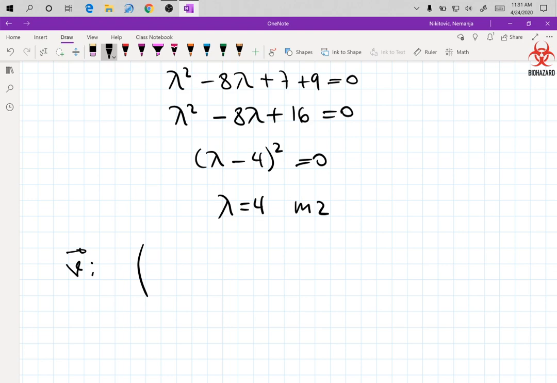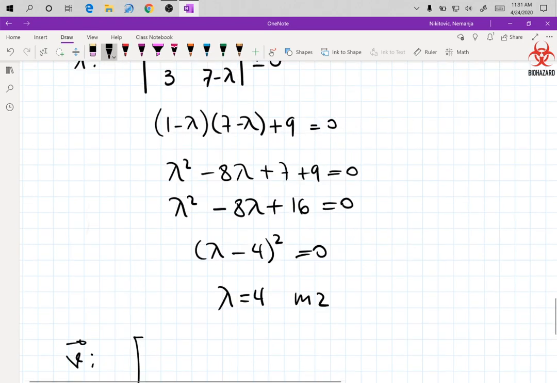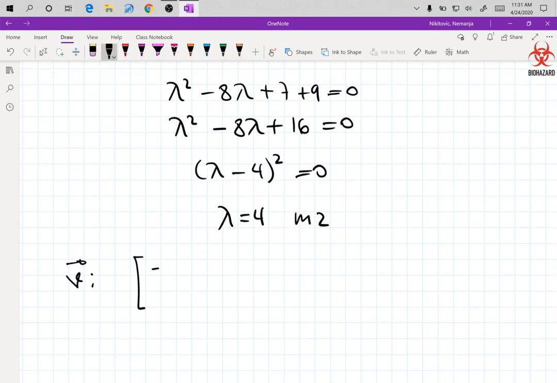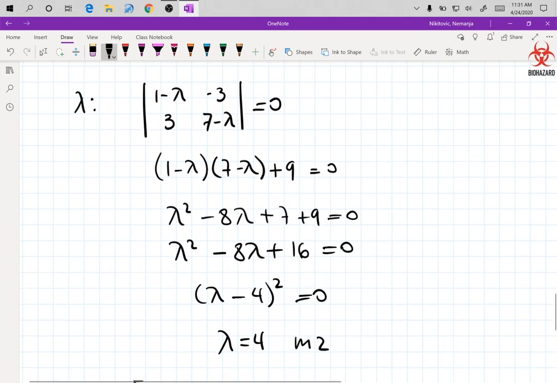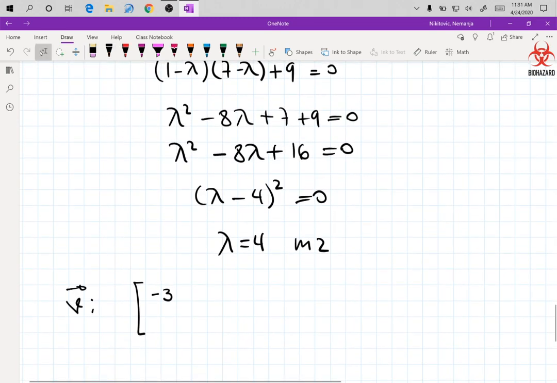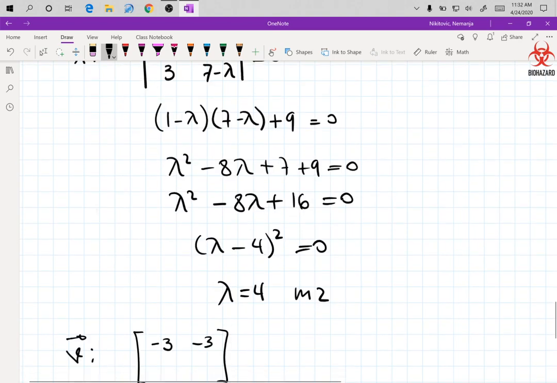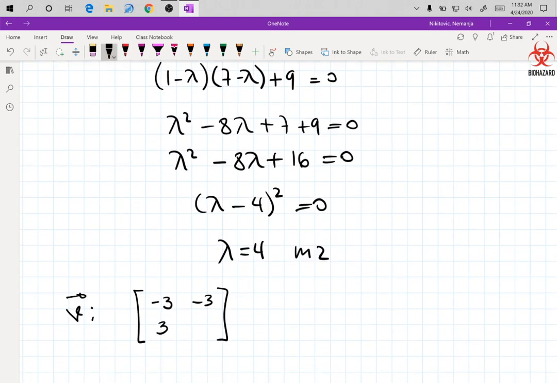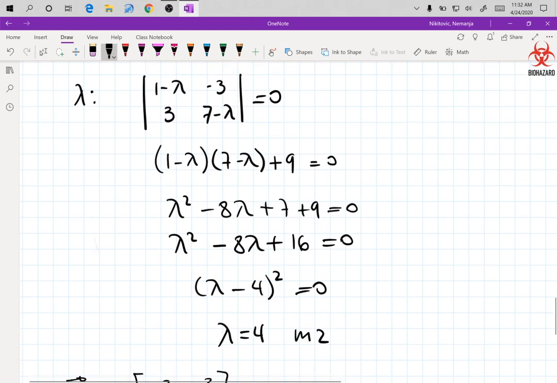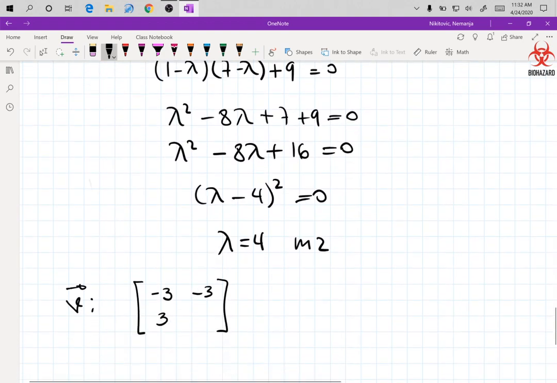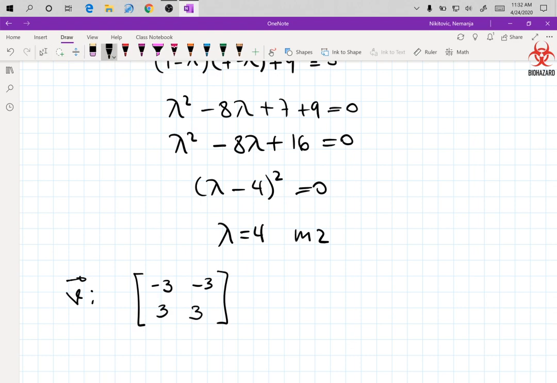So now to find the vector, we take our matrix and subtract 4, so that's going to give us negative 3, and then negative 3, and 3, and that's 7 minus 4, 3. There we go, perfect.